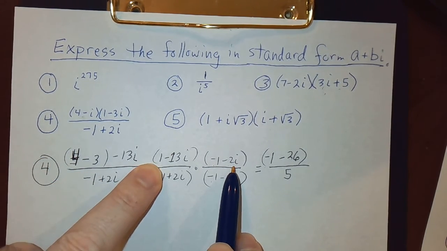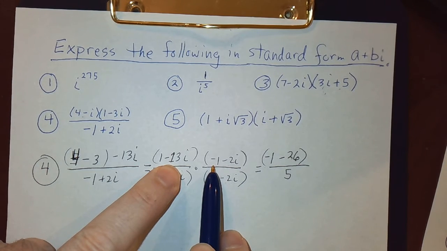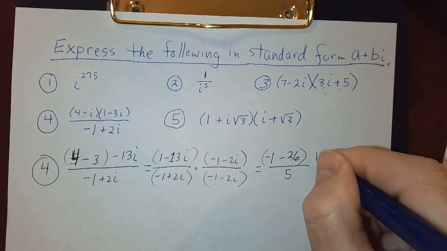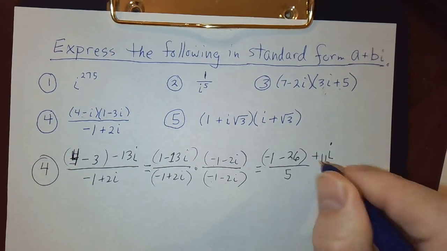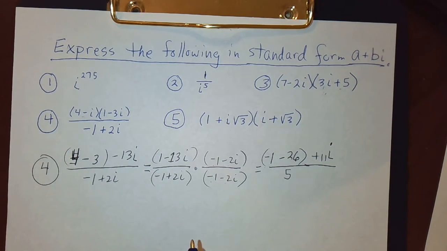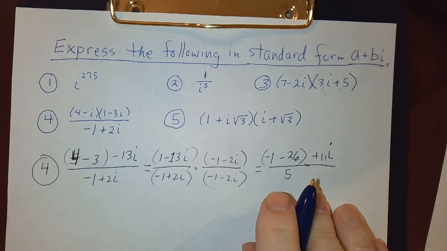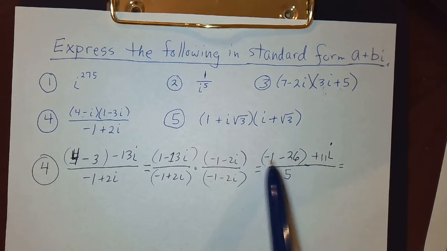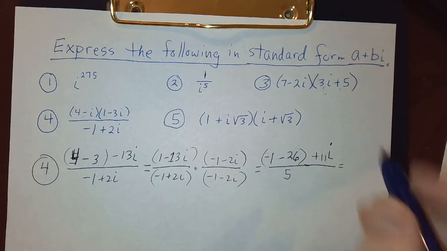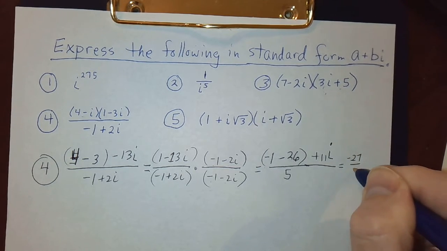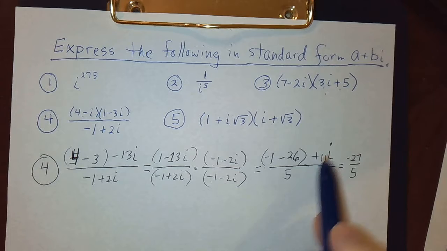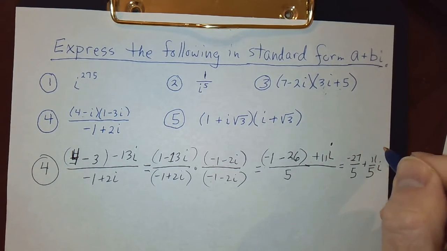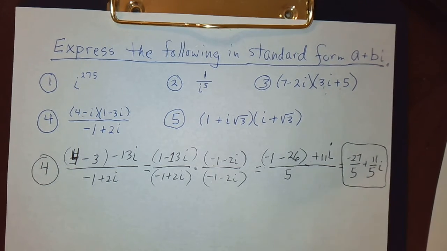Negative 2i for the outer, positive 13i. So positive 13i minus 2i is going to be 11i. Oops, not very clear there. That's 11i. And that's the answer, although we're not simplified. That's simply equal to negative 27 over 5 plus 11 over 5i. Like so.